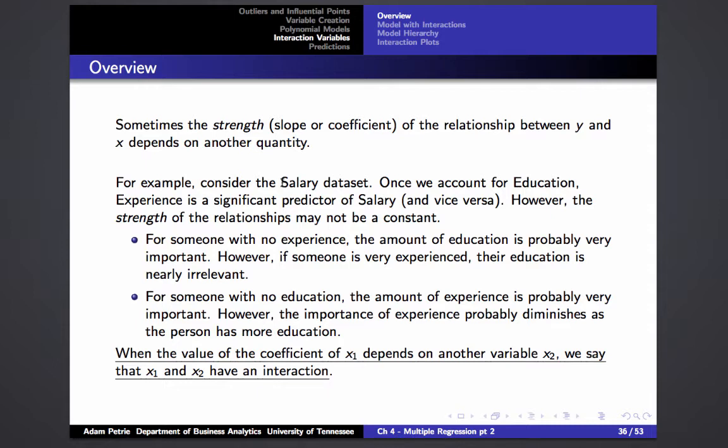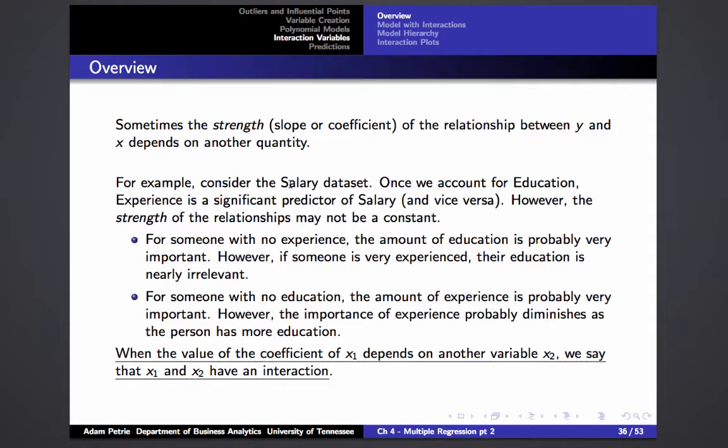Because what our multiple regression model assumes is that the difference in the average salary between two people with, say, identical levels of experience but differing levels of education is always a constant. In other words, imagine that our multiple regression model had the coefficient of education to be 100. What we would say is that two people that differ in education by 1 year, but whose levels of experience are the same, are expected to differ in salary by $100.